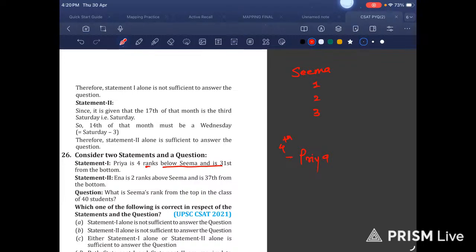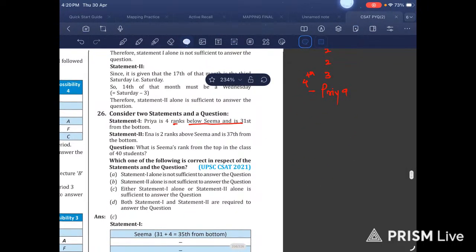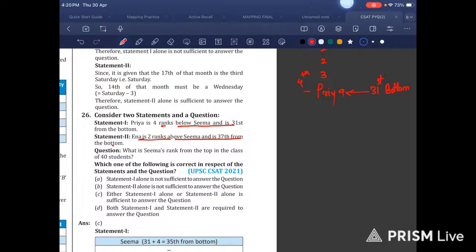Priya is 4th rank below Seema and is 31st from the bottom. Hina is 2 ranks above Seema. What is Seema's rank from the top of the class of 40 students?